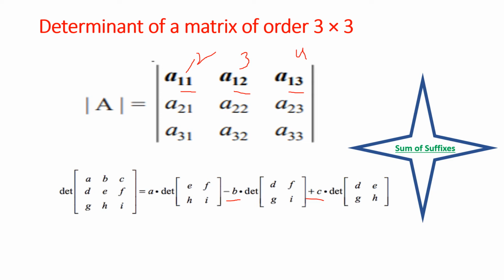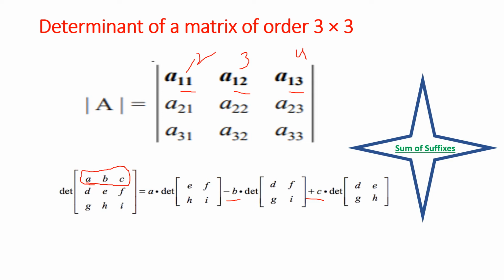Now how to evaluate the determinant? I hope you have understood the sum of suffixes. In order to evaluate the determinant, you have to fix the row or column along which you want to calculate. Suppose we are calculating for the first row. So you fix this row, and then you fix columns also, but one by one.